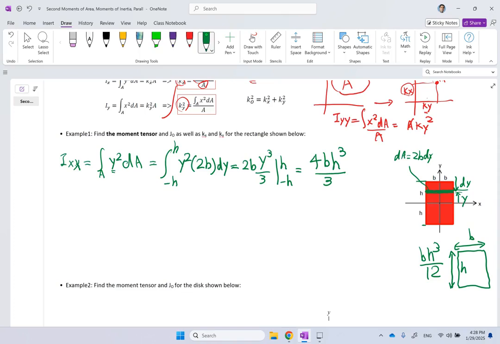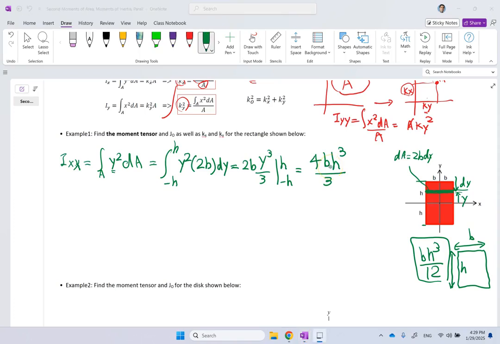If the entire thing is b and h, then that will be simplified to this. Why? Because each one of them will be half of that, so you're going to get a 1/2 and another one, okay? And you're going to get this guy right here.